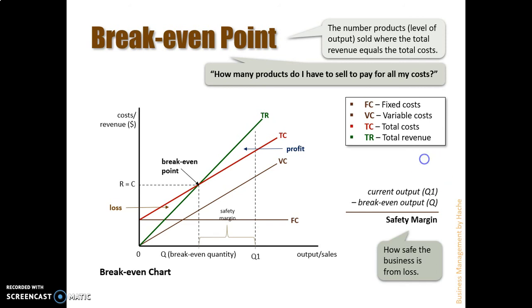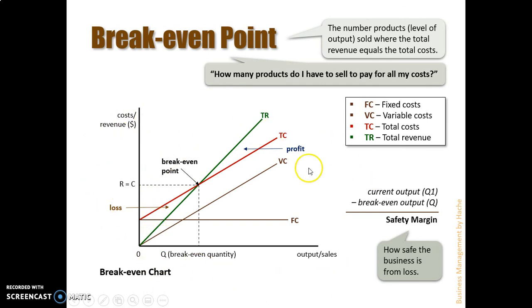So this is the break-even chart. An important tip for IB students. Most of the IB questions that are focused on the break-even chart and break-even point will require you to draw a proper, fully labeled break-even chart, and it must look exactly like this.